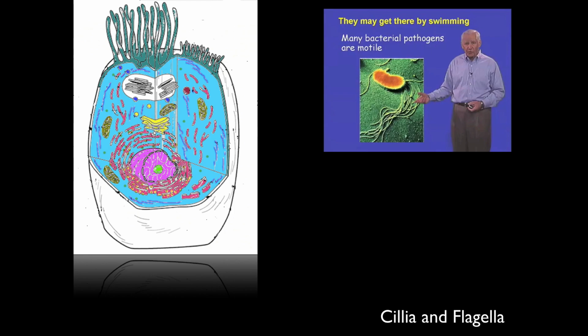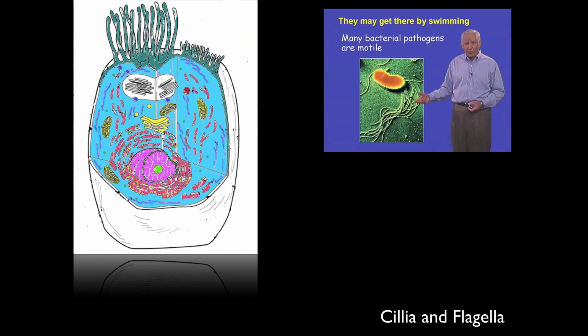It is used to move a cell from place to place. Most cells only have one flagella. There are a few microorganisms that have two flagella. In humans, there is only one cell that has a flagella, and only approximately 50% of the human population has that cell.